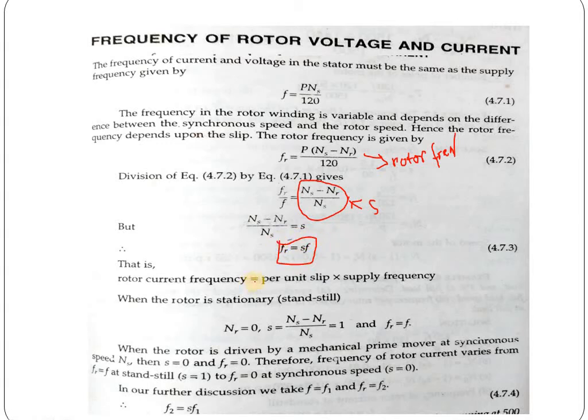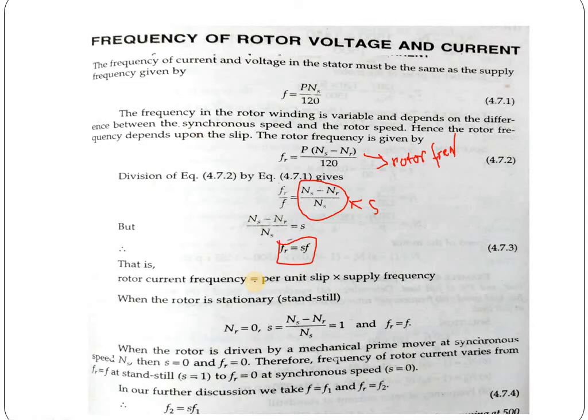That means rotor current frequency is equal to per unit slip into supply frequency. When the rotor is stationary, then Nr equals 0 and slip becomes equal to 1. So, in that case, fr equals f. That means rotor frequency becomes equal to stator frequency.